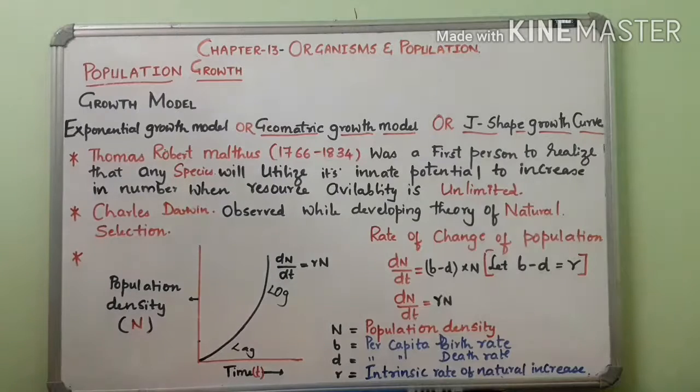Yes, students, take the example of fruit flies. Suppose we take two fruit flies and place them in a jar containing fruits. The fruit flies get the resources which are essential for them, and we allow them to develop.